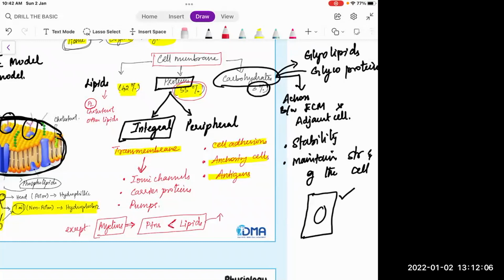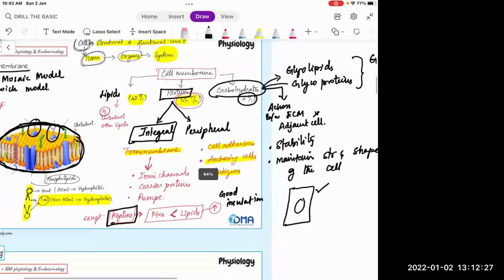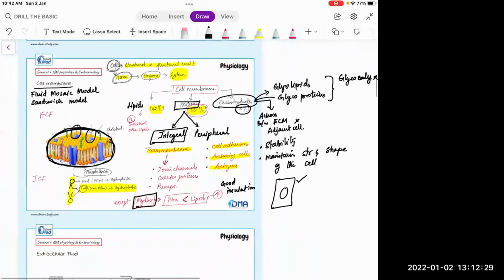This high lipid content helps in the insulating of the signals. It favors good insulation. Okay, that is the exception in the concentration of the lipids and protein contents in the cell membrane. Okay, clear with this? Yes.